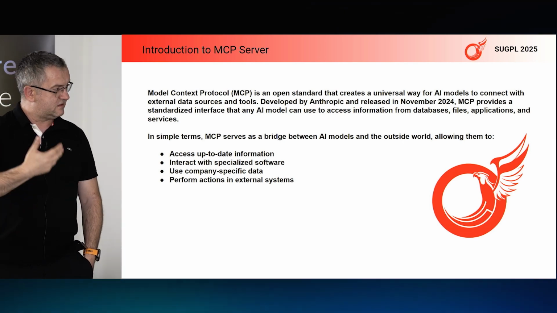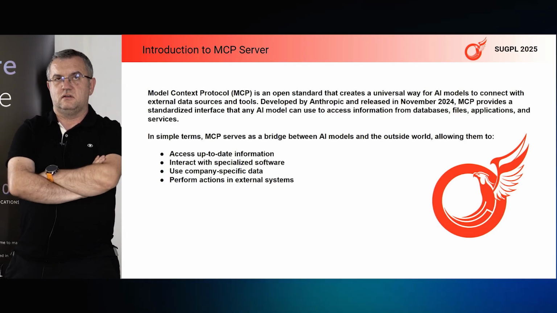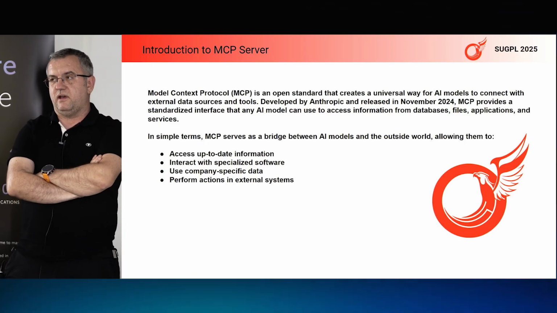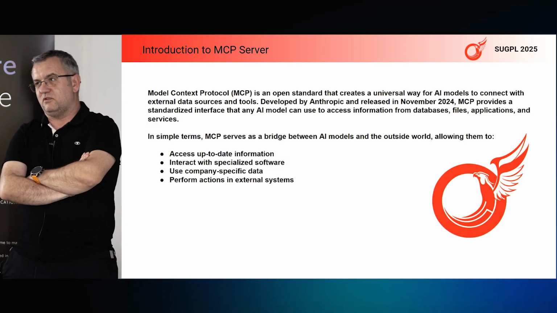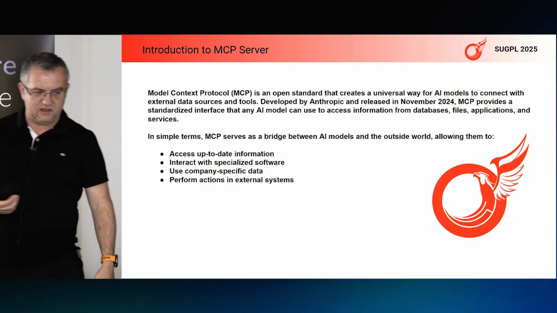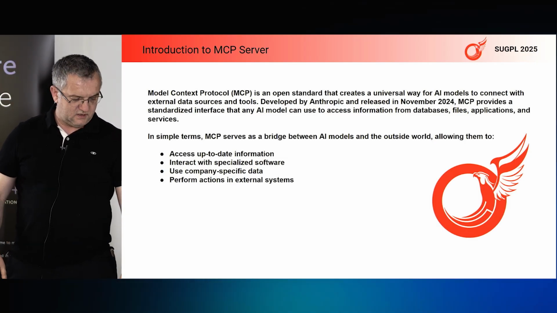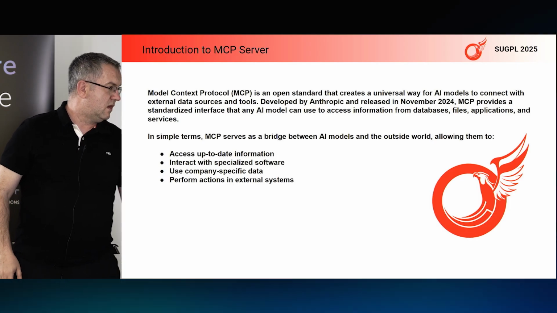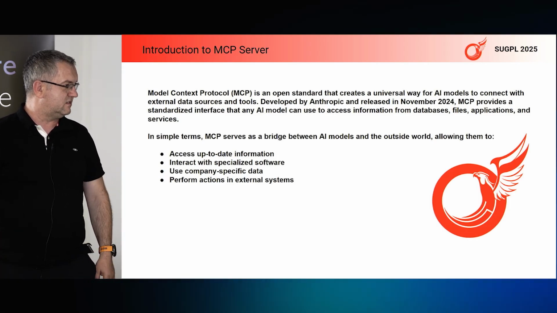So it gives access to up-to-date information. For example, if you had events in the past and you build new events on your site and try to ask the AI, it doesn't know how to get the latest event. And yes, you can perform actions in external systems.